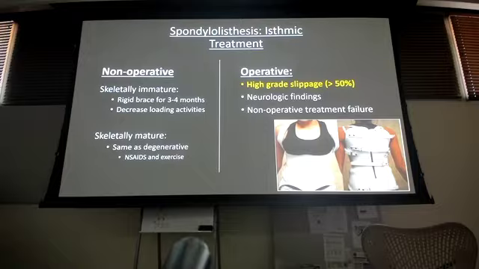Is that going to fix spondylolisthesis? Not necessarily, but it gives them support. It offloads the axial load, and it prevents anterior posterior translation, maybe with concomitant physical therapy to strengthen up muscle groups so they have less symptomology.